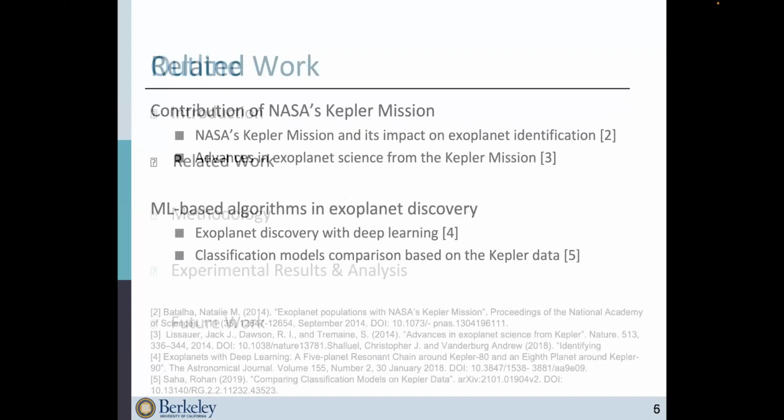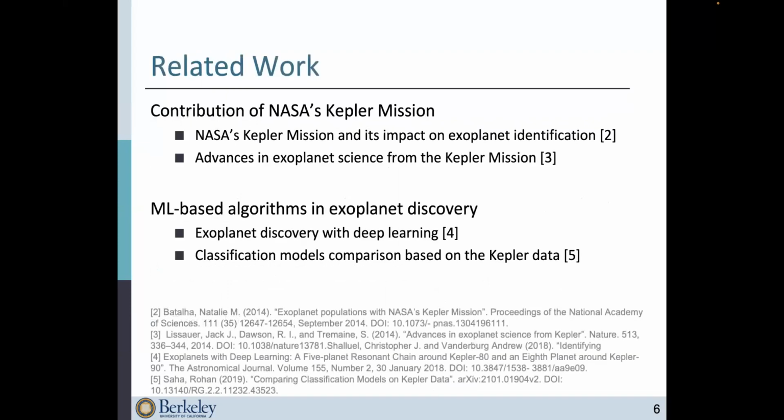Let me first present some related work. Our dataset is from NASA's Kepler mission, and let's talk about its contribution. We first investigate the Kepler mission and its impact on exoplanet identification, and then some advances in exoplanet science from the Kepler mission.